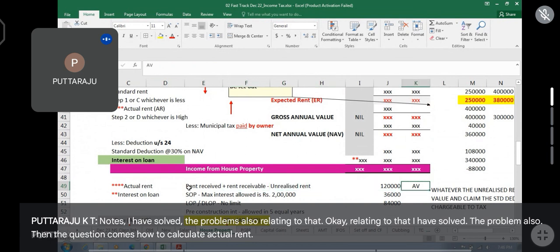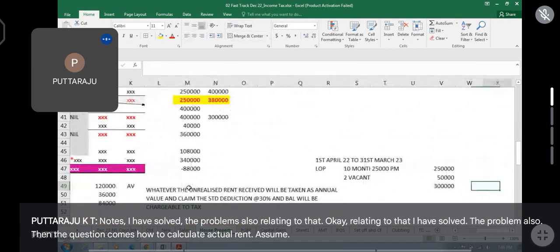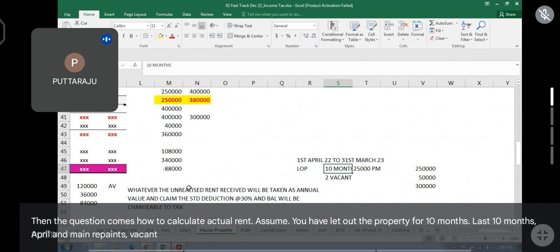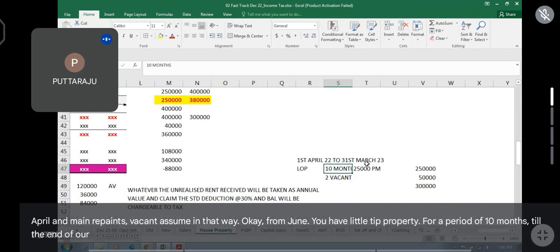Assume you have let out the property for 10 months. April and May it remains vacant. From June you have let out the property for a period of 10 months till the end of the previous year, at 25,000 per month.